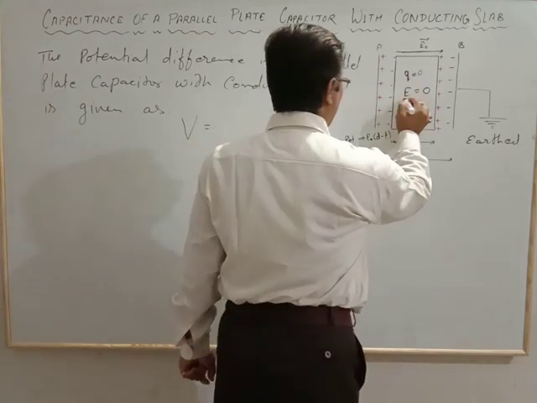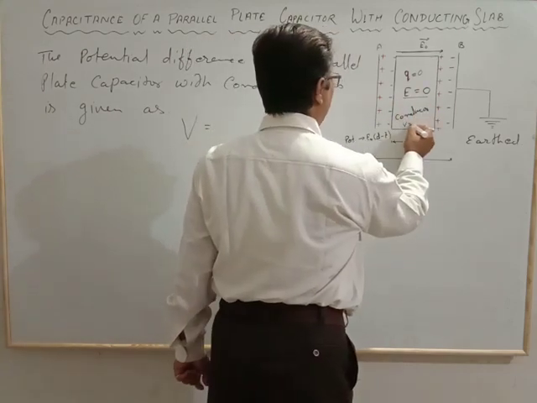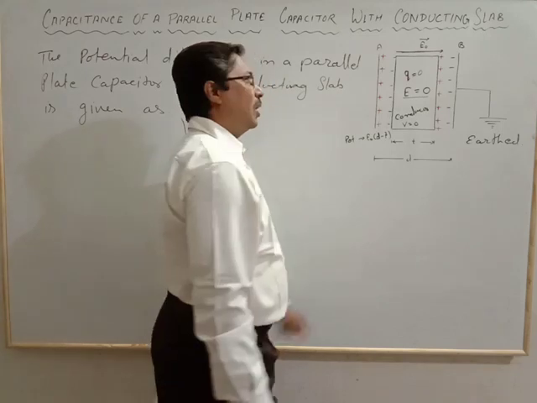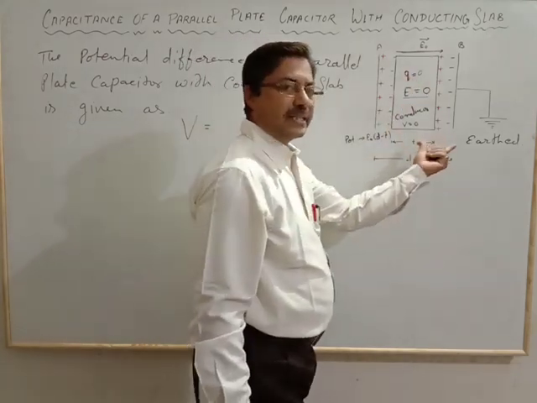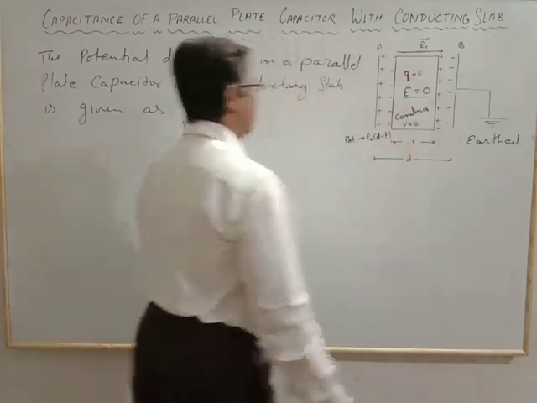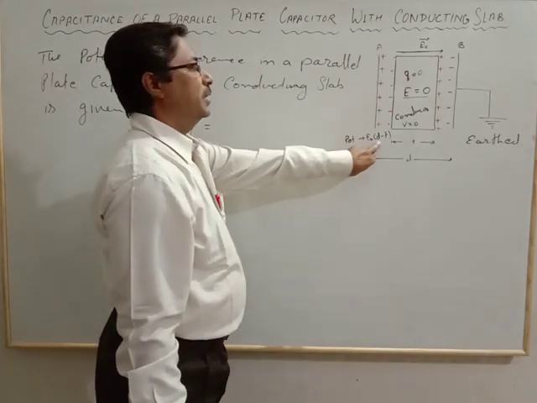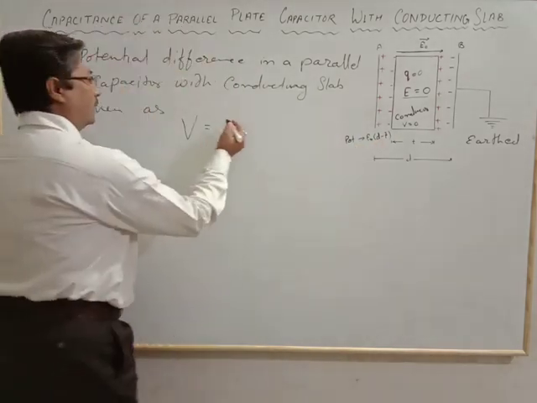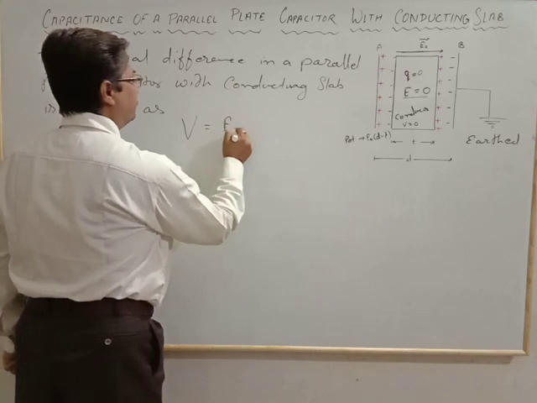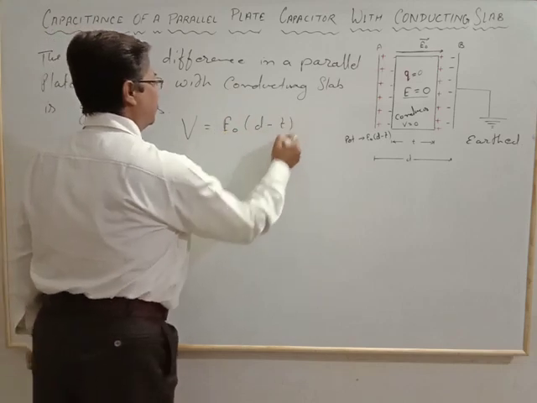We know that there is no electric field inside the conductor, so potential is constant throughout the conductor when placed in an electric field. So the potential becomes E naught (D minus T).